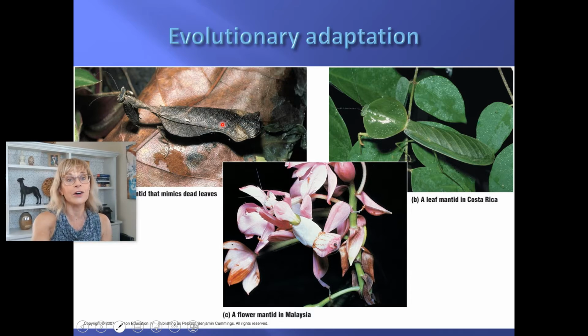His cousin over here, not very good at hiding on a green plant. His cousin looks like a dead leaf, and that's where this particular mantid hangs out. And so he's got the same body parts, but they're brown and look like a dead leaf. Look at this guy here. He's really hard to even see.